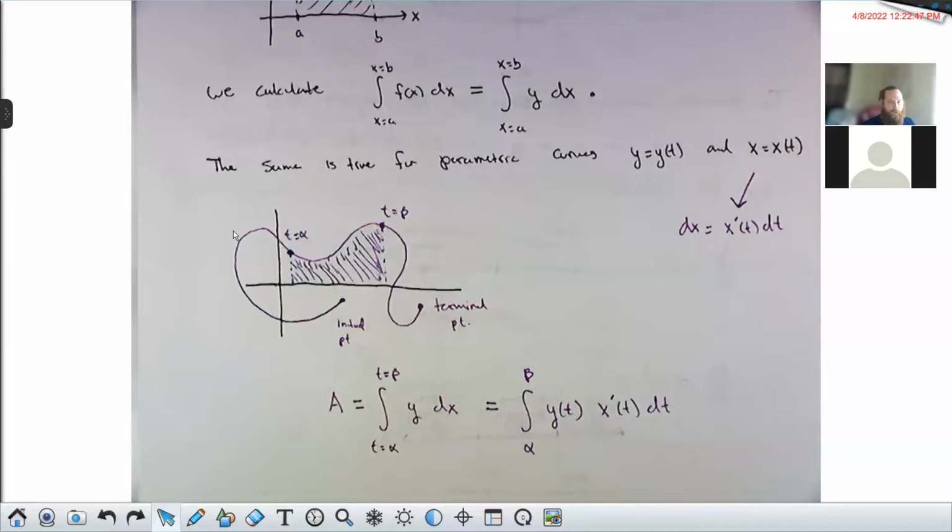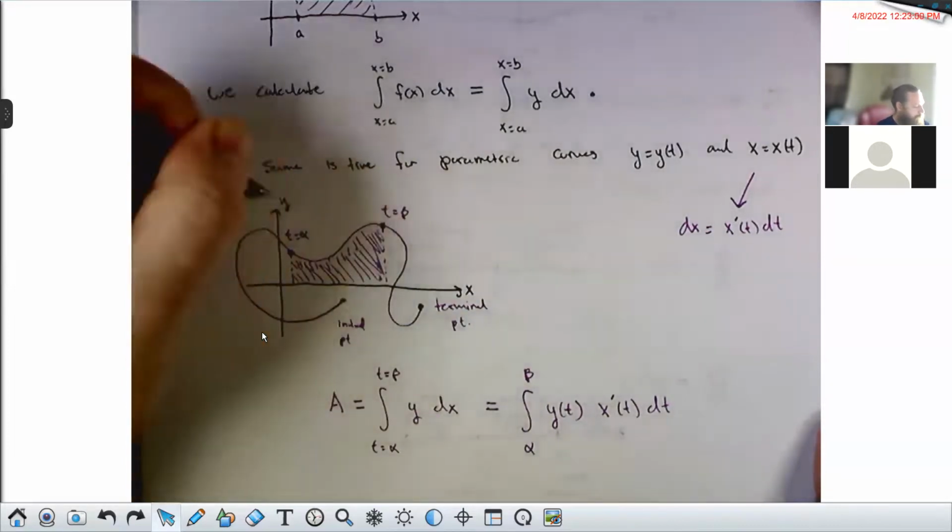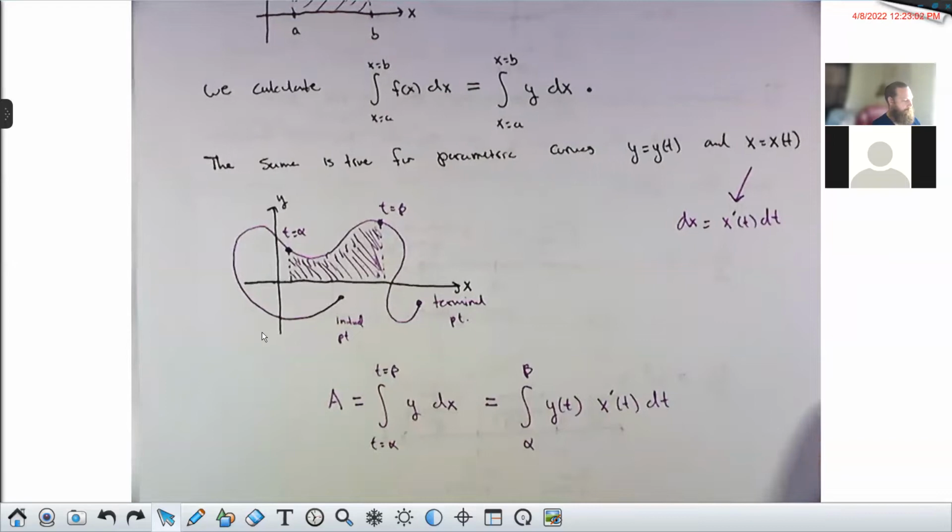You can also find a formula for areas like this that are bounded by the curve and the y-axis, and I'm going to show you that in just a moment. Okay.